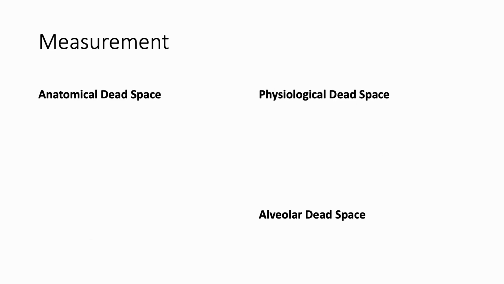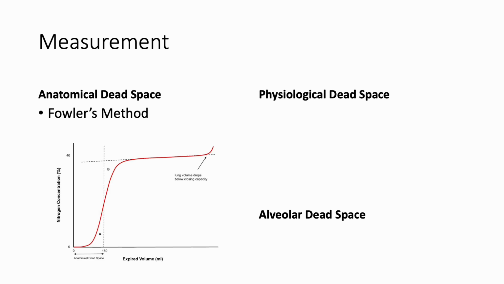Anatomical dead space is measured using Fowler's method, which is a single-breath nitrogen washout technique, where the subject breathes in 100% oxygen and all of the nitrogen that's present within the lungs is moved distally into the alveoli, so that at the end of inspiration, the nitrogen is only present within the alveoli, just like how CO2 is only present within the alveoli.